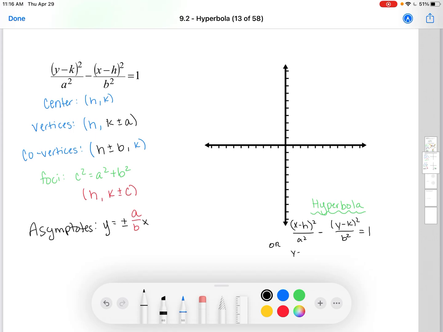Or I can flip-flop and say y minus k squared over a squared minus x minus h squared over b squared. Because we introduced a minus between the fractions, the a squared and b squared are always going to be in the same position. It's just a matter of swapping out the y and the x.